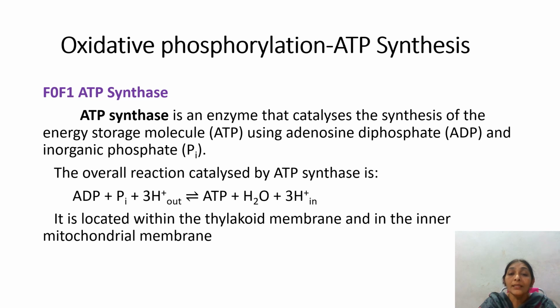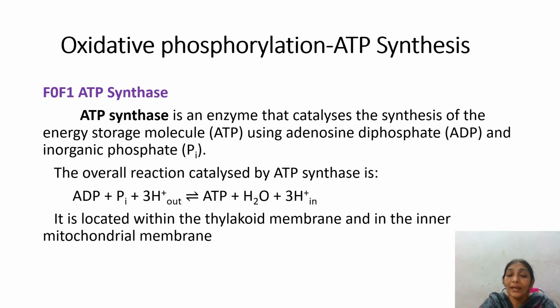That is called substrate level phosphorylation. Now you are going to see how the electron transport chain is coupled to the synthesis of ATP with the help of the F0 F1 ATPase enzyme system.